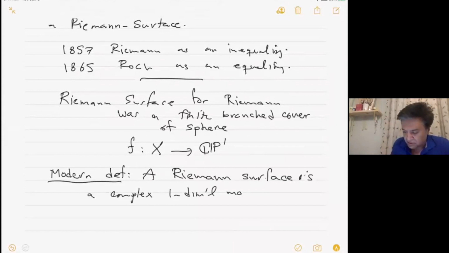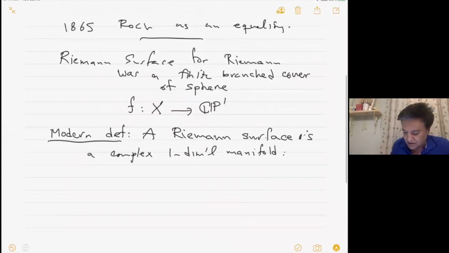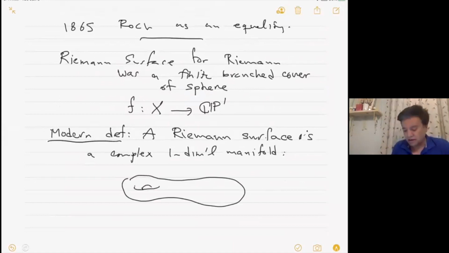So what it means is that you have a topological space and each point on this topological space has a chart. So you have an open neighborhood around that point, coordinate function phi from this chart to an open subset inside C.